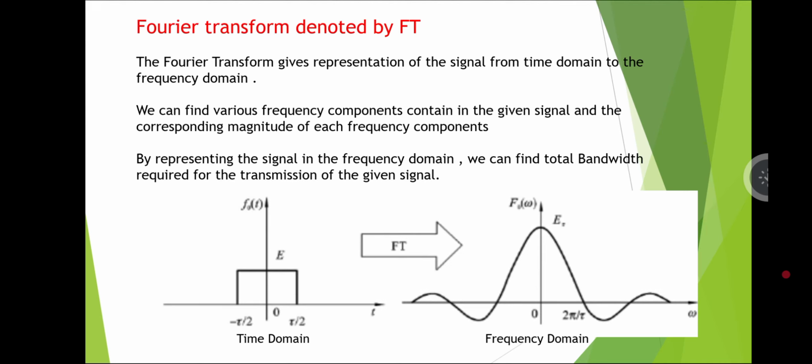By representing the signal in the frequency domain, we can find the total bandwidth required for the transmission of the given signal. So I hope it is clear why it is required to find the total bandwidth required for transmission of the given signal. And also we can get the magnitude of each frequency component in the frequency domain.